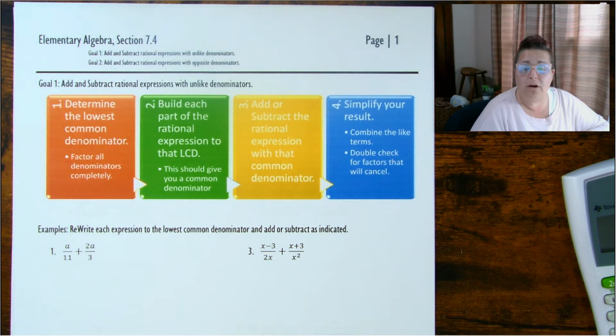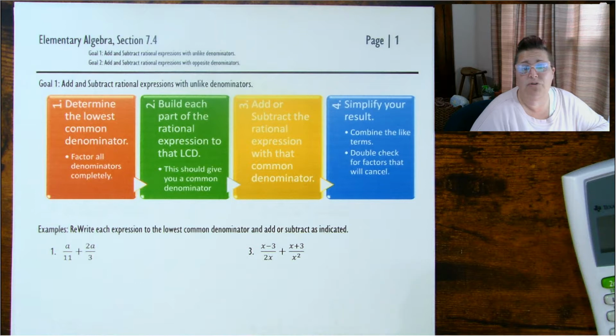There are four basic stages to this. The first is that we're going to have to find the lowest common denominator. To do that, we will need to make sure that we have factored all of our denominators completely. Then we're going to look at building up those terms so that they all share the same common denominator.